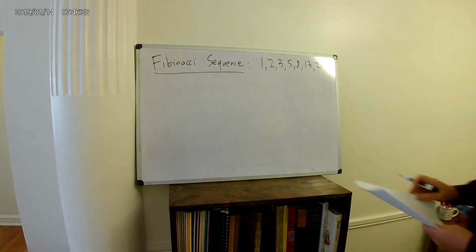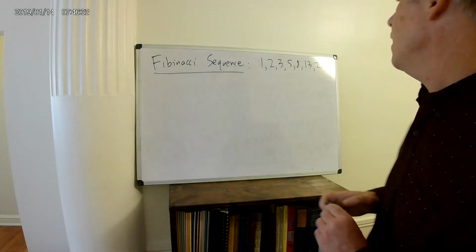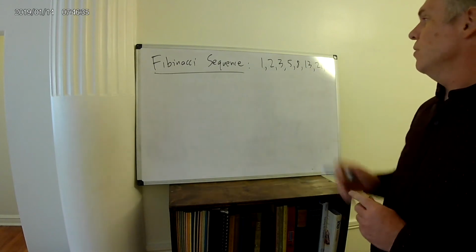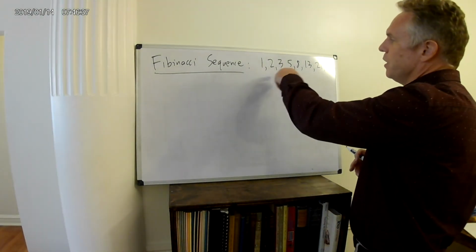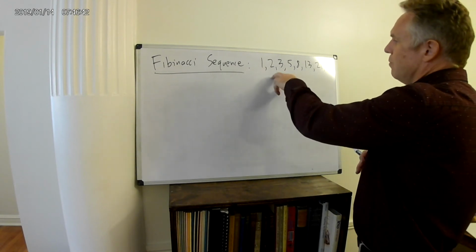Can anyone guess the pattern here? The pattern is, if you take these first two numbers, to get the third term, you add the previous two numbers. So that's how we get 3.